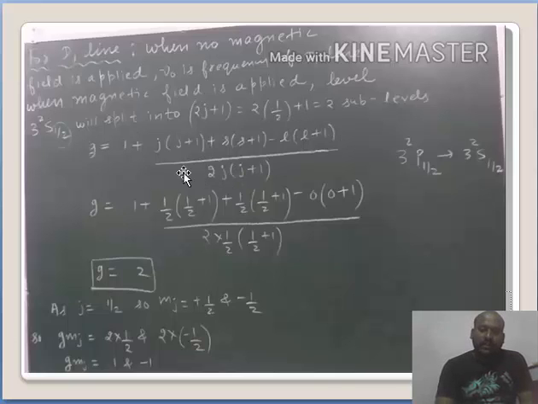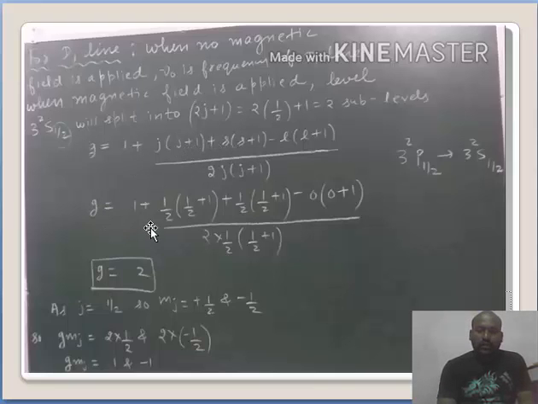There is the Lande factor; you all know about the Lande equation. In the anomalous Zeeman effect, the last expression we get is G, the Lande factor, equal to 1 plus J(J plus 1) plus S(S plus 1) minus L(L plus 1) divided by 2J(J plus 1). This equation was learned in the previous class.